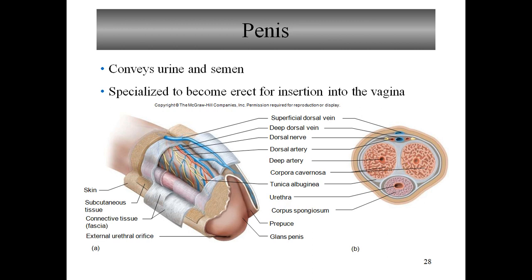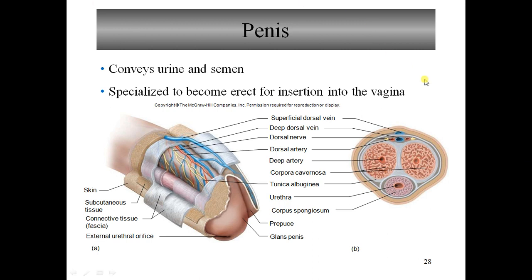The corpus spongiosum is a single column of erectile tissue, ventrally located. Then the tunica albuginea. The tunica albuginea is a tough capsule that surrounds each column of erectile tissue.